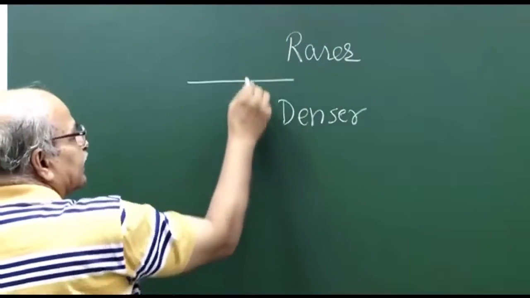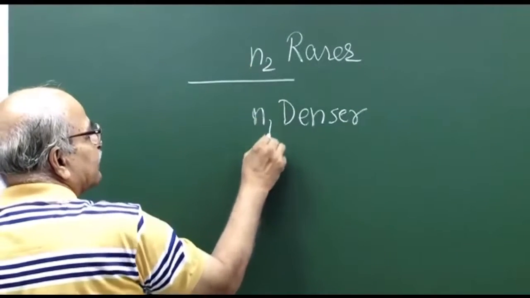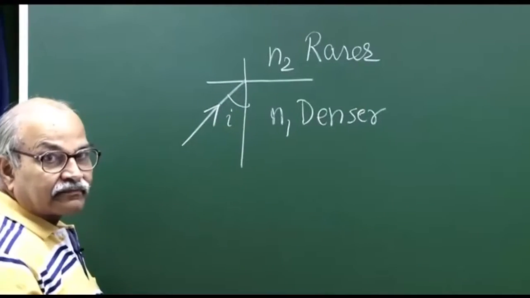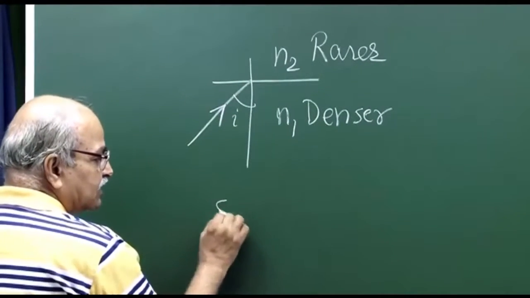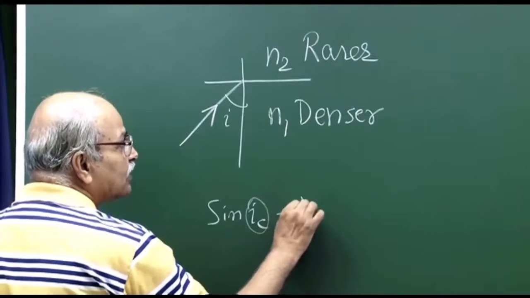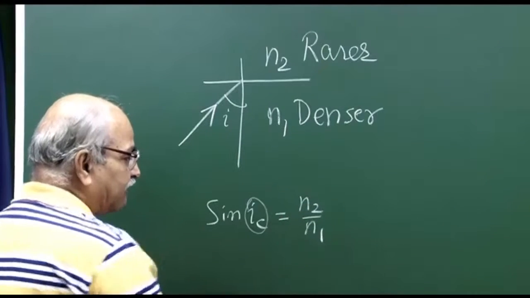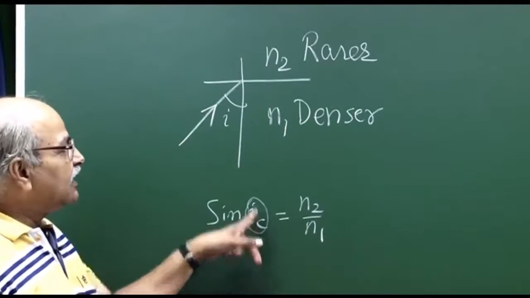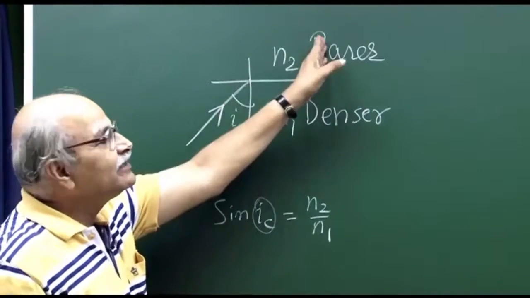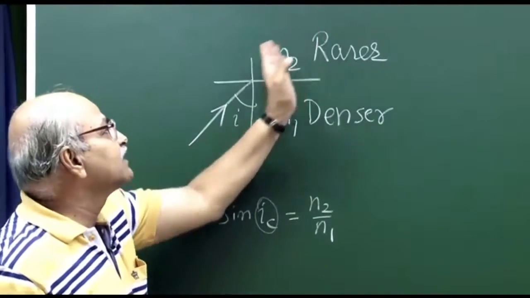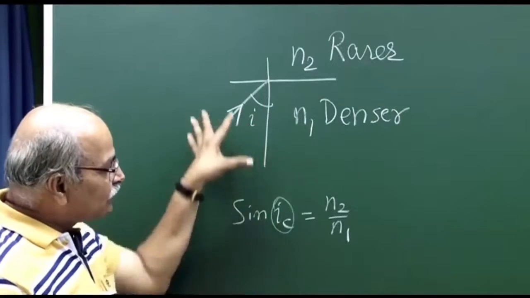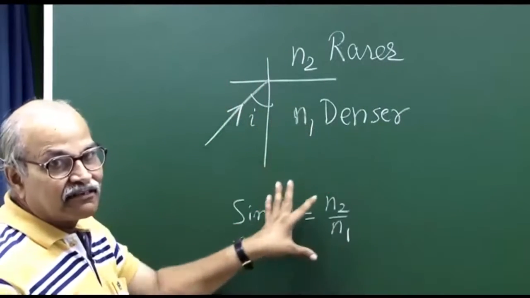So this is, let us say, N2 and this is, let us say, N1, and light goes like this and this is the angle. So we say that sine of IC, the critical angle, should be equal to N2 by N1. This defines the critical angle, and if this angle of incidence is more than this critical angle, nothing goes out, nothing is refracted, everything is reflected. So that is how TIR, total internal reflection, is defined.